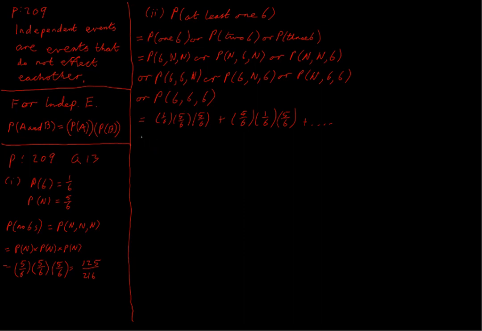But we're going to draw a line under that and we're going to say there is a better way, because we remember, hopefully, the probability of getting at least one 6 is equal to 1 minus the probability of getting no 6s.